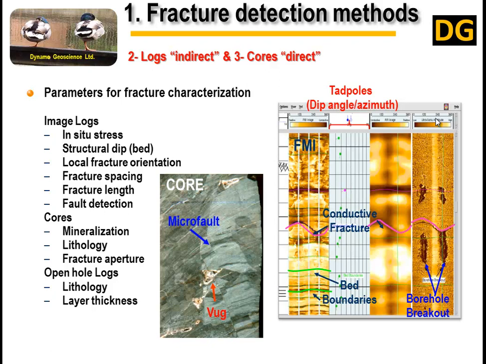As you know, the FMI, the formation micro image, is superior in quantifying fracture density, and of course detects beds as well, but it doesn't have a low detectable fracture spacing on imaging. Please keep in mind that open hole logs are also of a lower resolution than image.